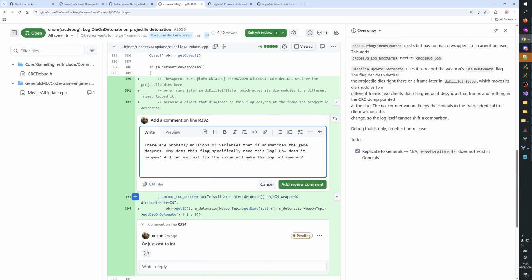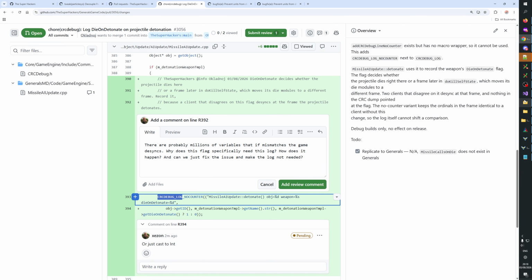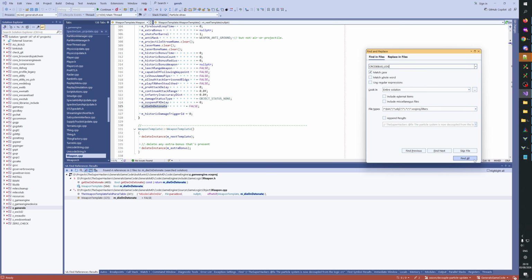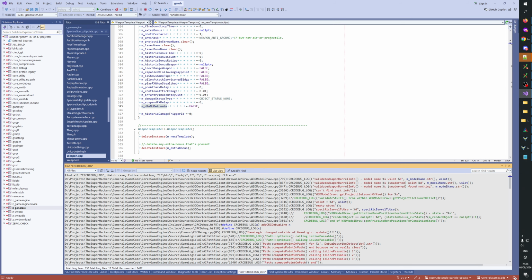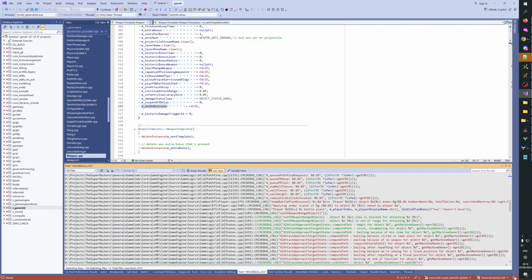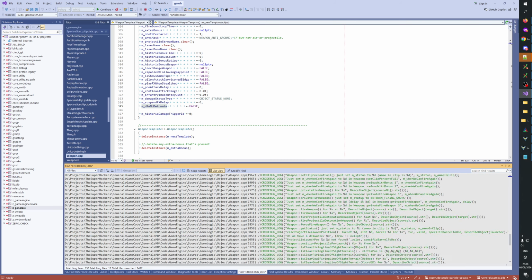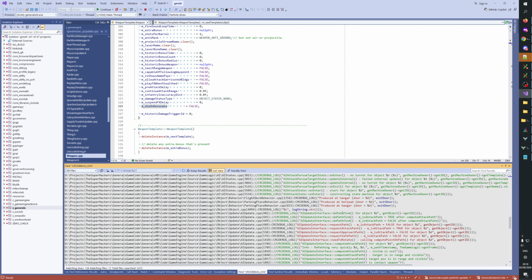Yeah, so I'm a bit surprised. So he added this lock, but why? There are not many of them.